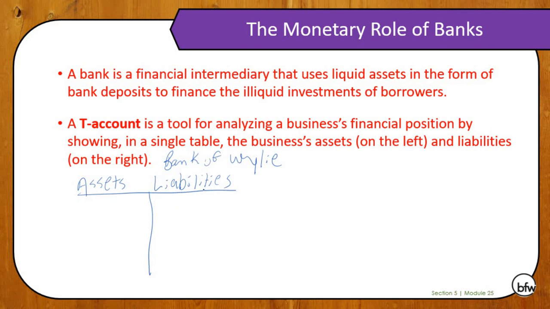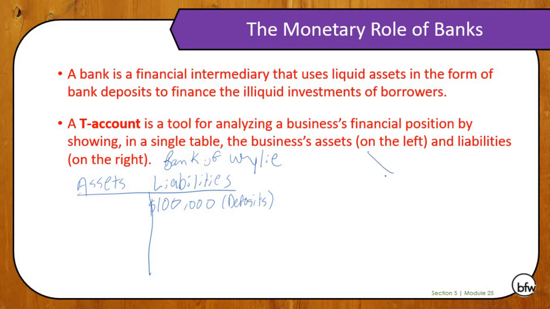Alright, so in this example, let's say that at the Bank of Wiley, there are people that have $100,000 deposited in their accounts. We would put that over here for the bank's T account.